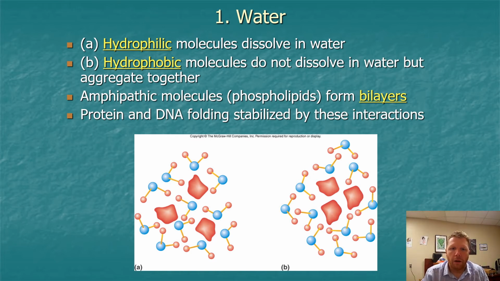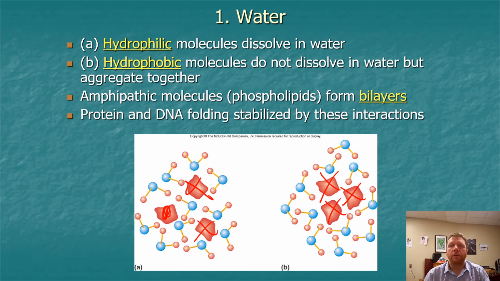Now, in model B, we've got hydrophobic molecules. These 3 large red molecules are aggregating together because they're not going to be able to freely interact with water. Now, amphipathic molecules, for example, phospholipids, are going to form bilayers.